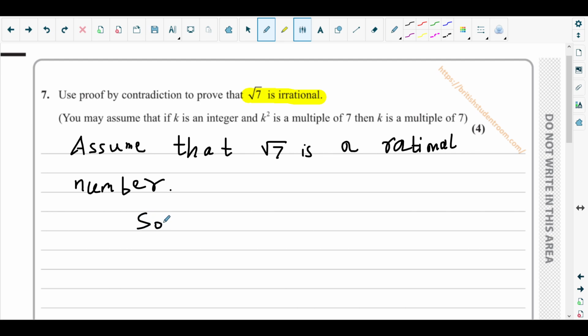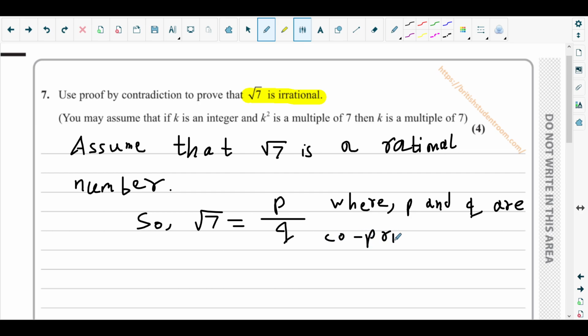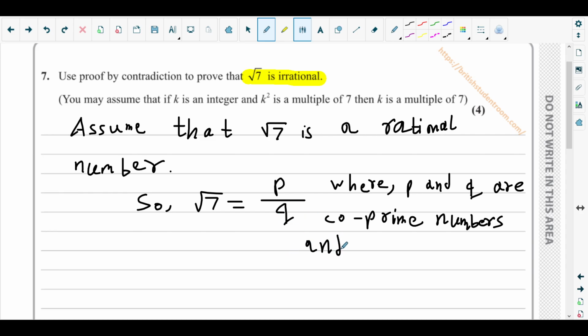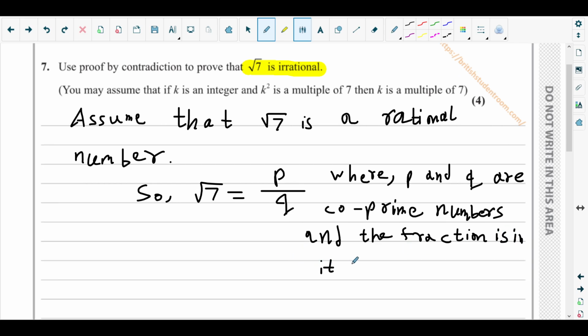So √7 equals P over Q. This is the fraction, and you need to give some hints there that P and Q are mutually coprime numbers, and the fraction is in its simplest form. Okay, this is the assumption.